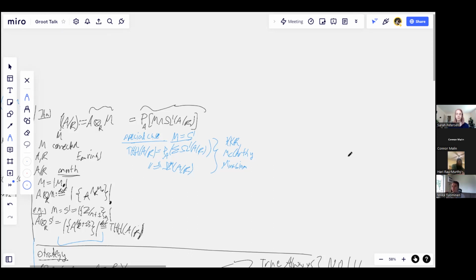But maybe we can also think of this using factorization homology. This definition of factorization homology in terms of tensor products only works in the case of E-infinity rings.